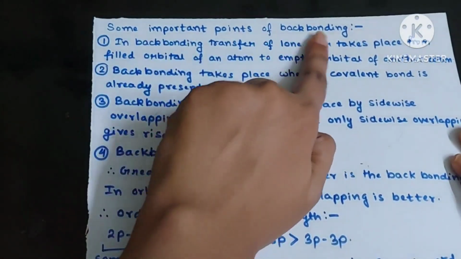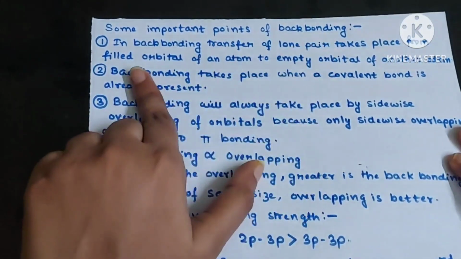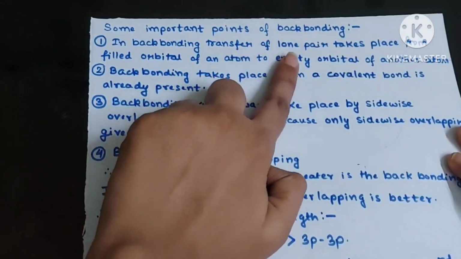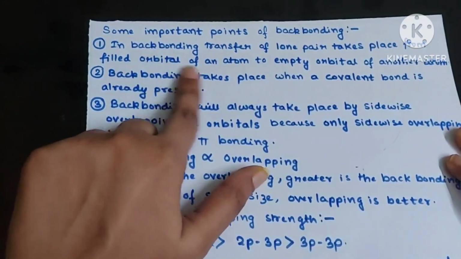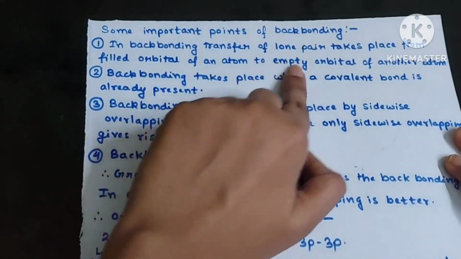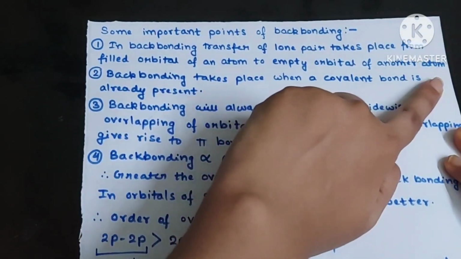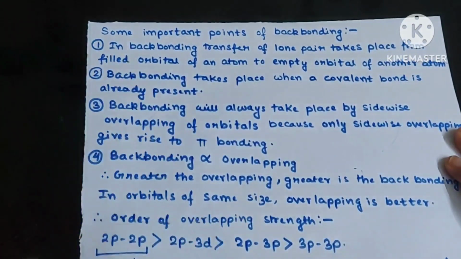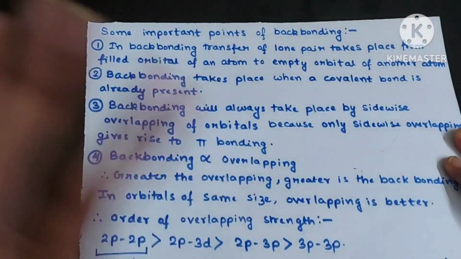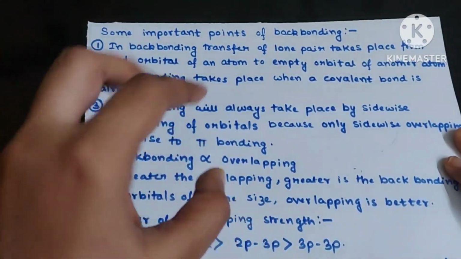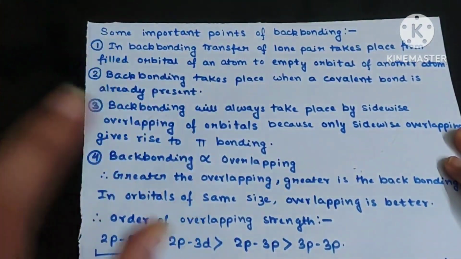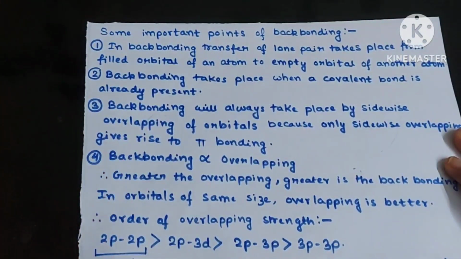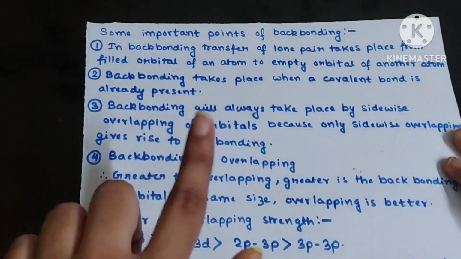Then some important points of back bonding. Okay, in back bonding, transfer of lone pair takes place from the filled orbital of an atom to the empty orbital of another atom. Okay, so one atom which has a filled orbital will donate its electron to another atom's empty orbital.